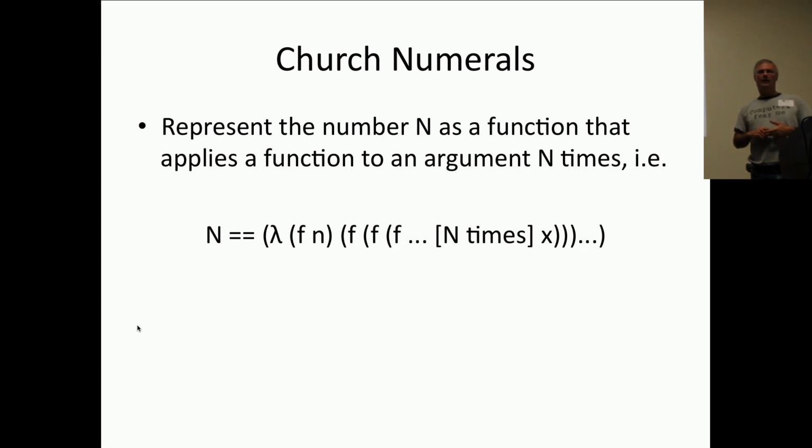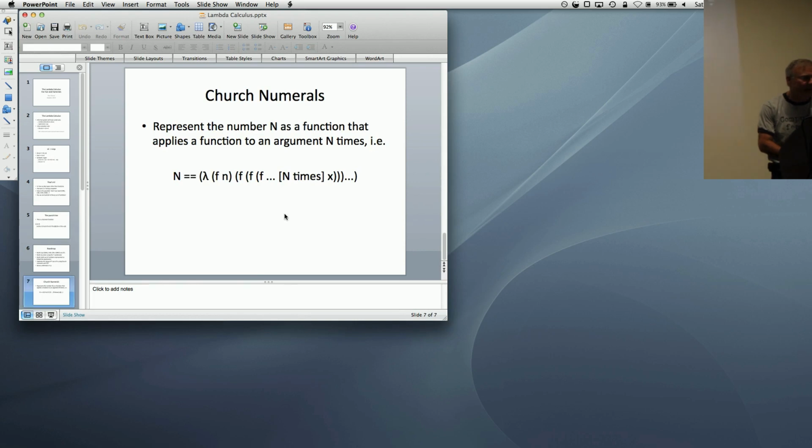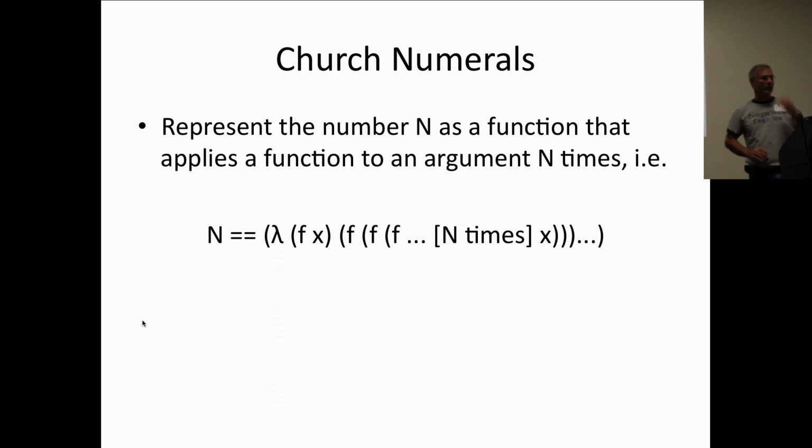That is normally, I really should not have called this n, I should call this x. Let me just fix that, because otherwise it's going to be confusing. Oh, yeah, that is just a mistake. So the number n is going to be defined as a function that takes a function and some argument.